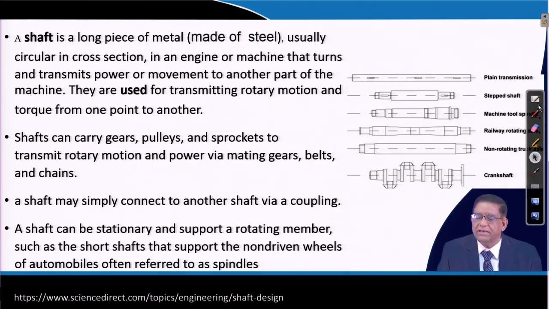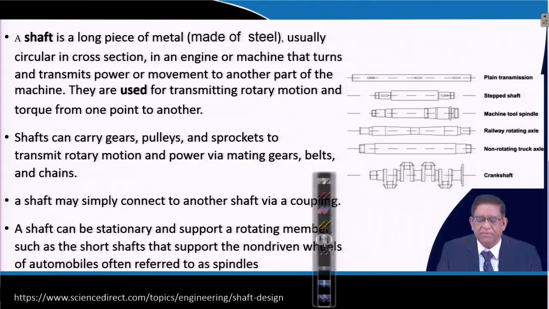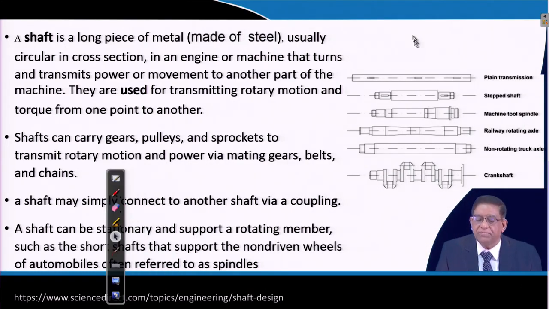Now, you can see in this figure that different types of shafts are shown. This is a plain transmission shaft, which is totally cylindrical. You can see the keyholes by which it is connected to the bearing.